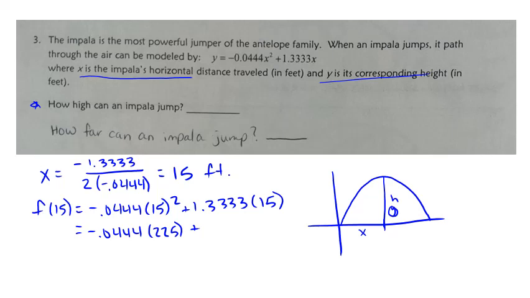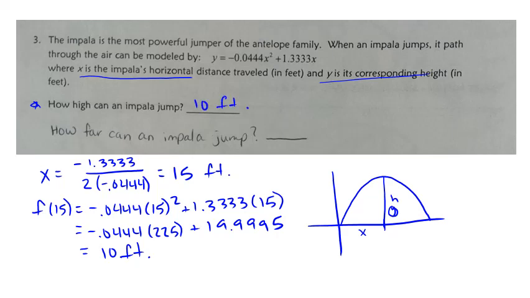And I have 19.9995. And after multiplying and then adding, I get an answer of about 10 feet. Okay, so the answer to the question, how high can the impala jump? It can jump 10 feet, and that is after it's 15 feet away from where it started. Okay, so the answer to this is 10 feet.